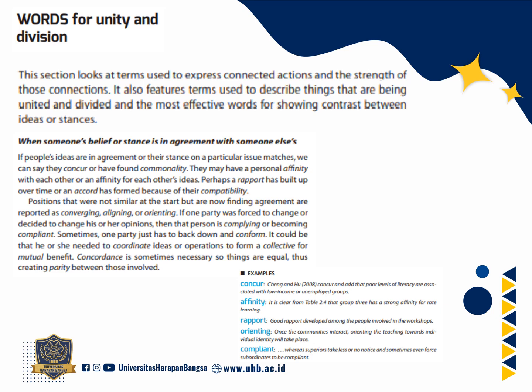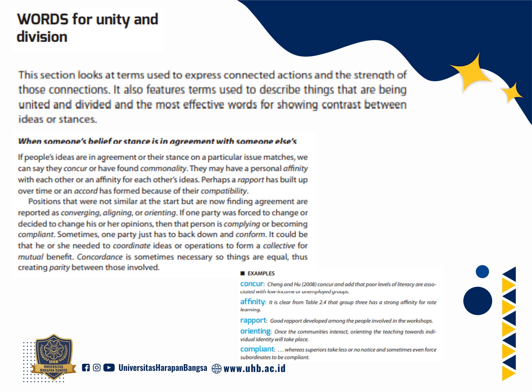Sometimes one party just has to back down and conform. It could be that he or she needed to coordinate ideas or operations to form a collective for mutual benefit. Concordance is sometimes necessary so things are equal, thus creating parity between those involved.